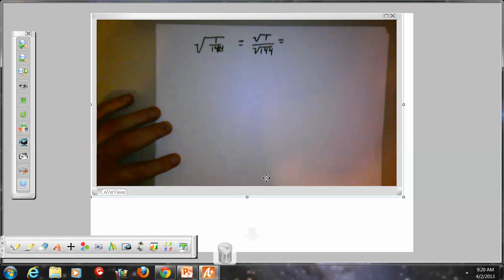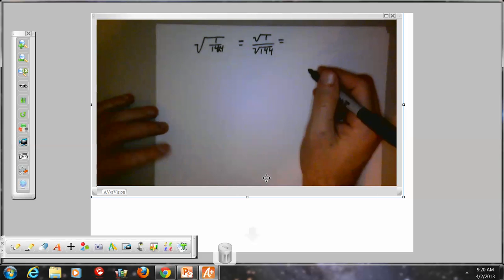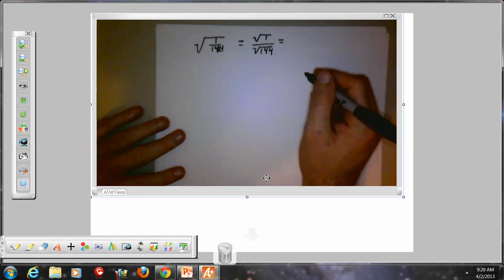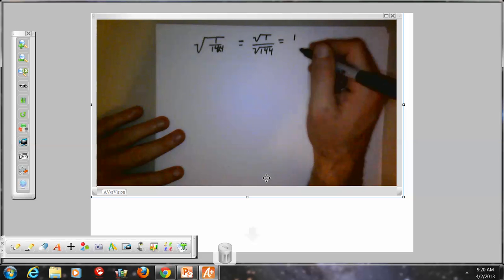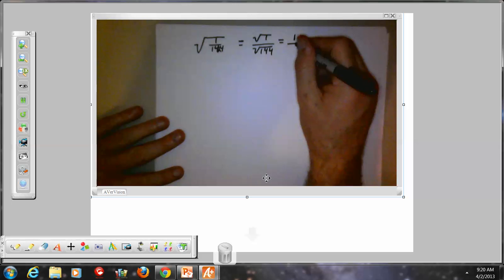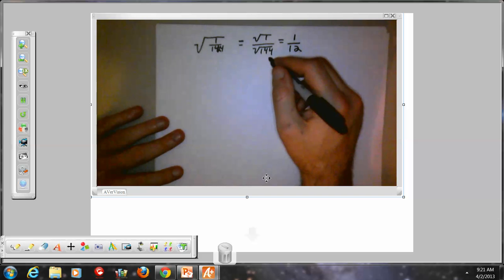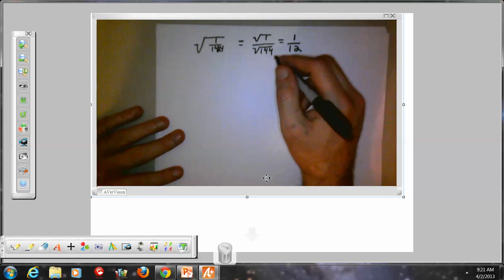Now the square root of 1 is asking, I want a number that if you multiply it by itself, I get 1. Well, the square root of 1 is 1 because 1 times 1 is 1. And the square root of 144 is 12 because 12 times 12 is 144. So it's the opposite of squaring, right?